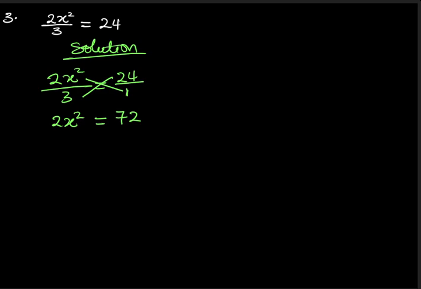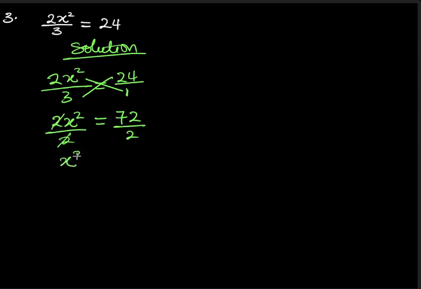Now, just like we discussed in the last question, the square here is touching only x. So we need to remove the 2, since the square is not touching the 2. And how do we remove the 2? By dividing both sides by 2. And when we do that, what are we left with?